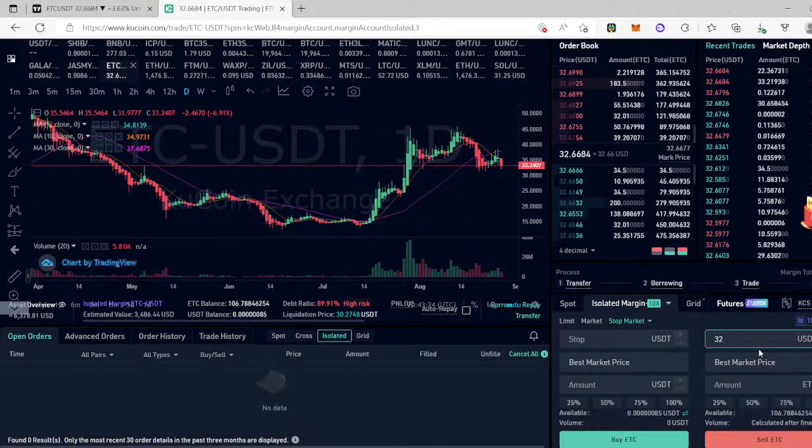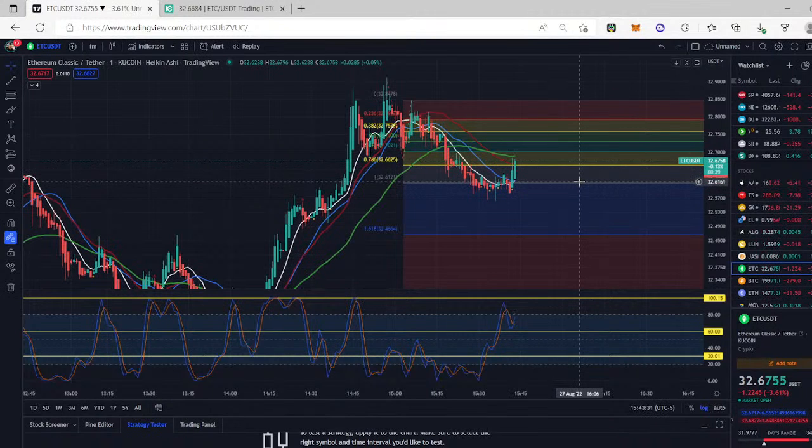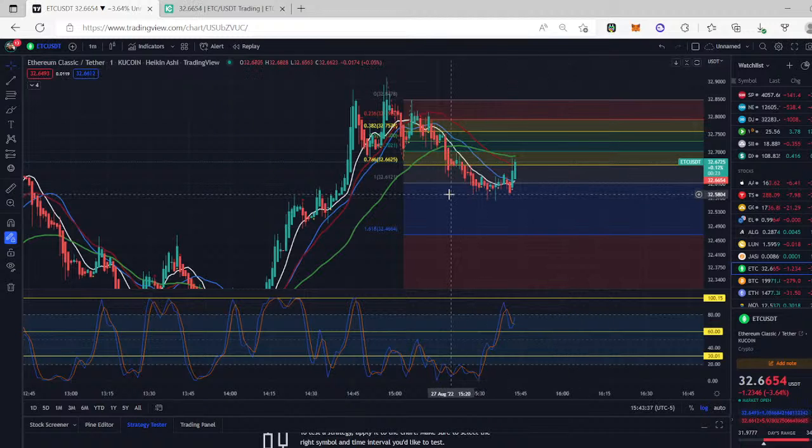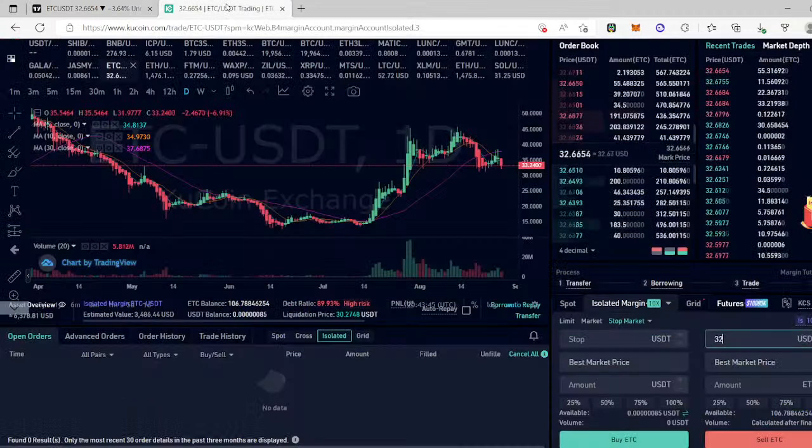We're going to play this off of the previous little dip here, which would be the 32.60 all the way down to this little bottom candle here, 32.58. And 32.56. So we're just going to take the 32.50 below the two dips that it earlier had.